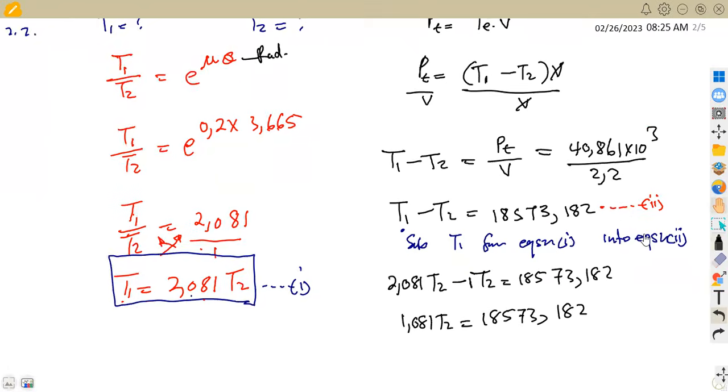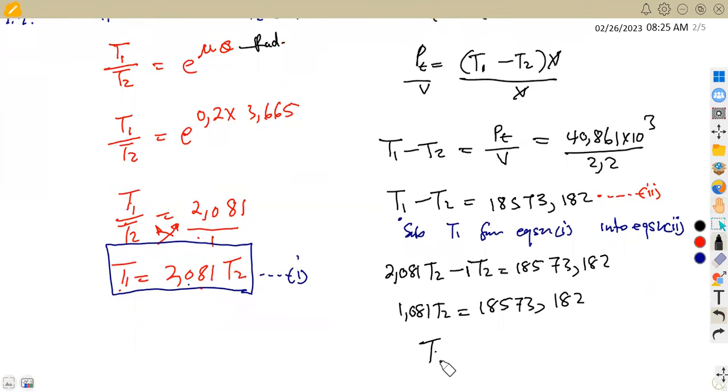To find T2, we simply divide both sides by 1.081, and we shall have T2 as 17,181 and so on. I'm just going to leave this as 17,181, and you can round off the decimals. It's fine. So this is our T2.